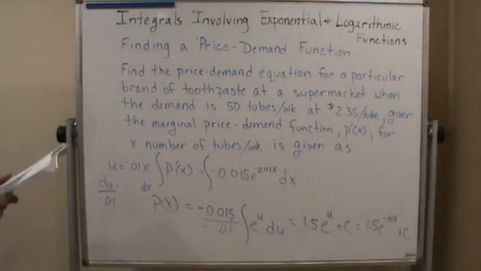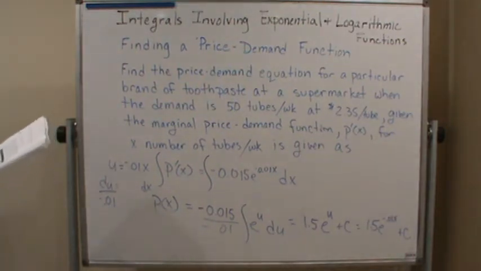Now, again, pause the video, make sure you understand that that's the function. Here's the thing. We don't know what c is. So we have to use the information given to us in the problem to help us solve for c. What information do they tell us?